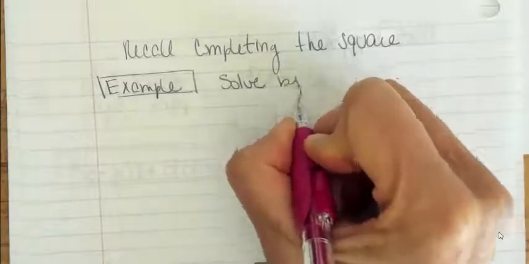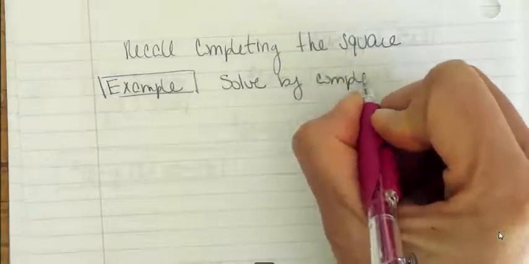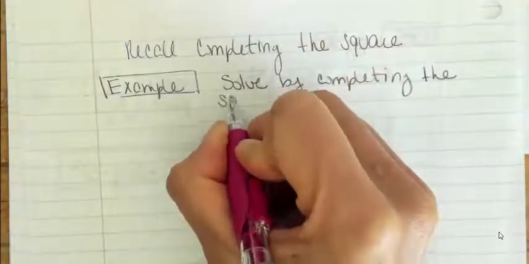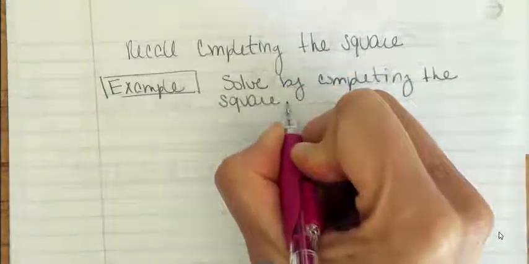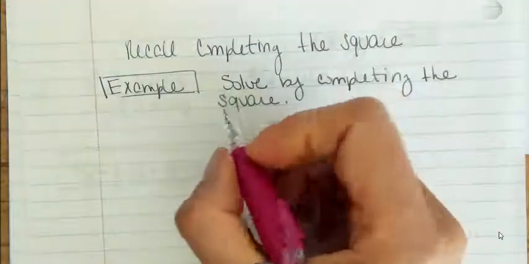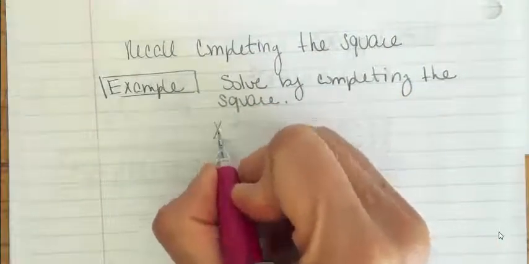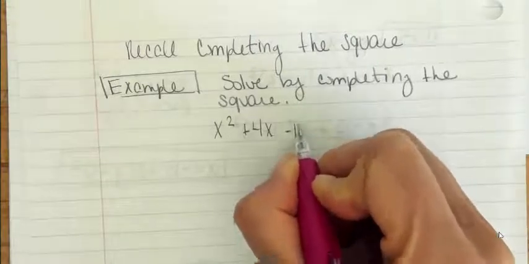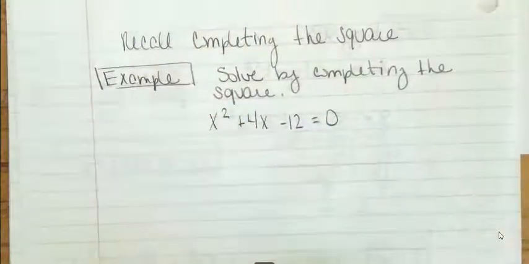So one of them was to solve by completing the square. So how about we go with x squared plus 4x minus 12 equals 0.